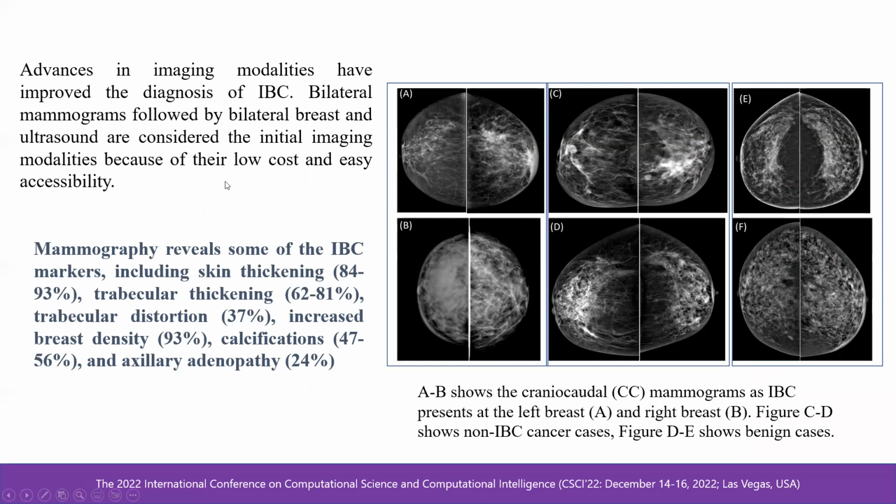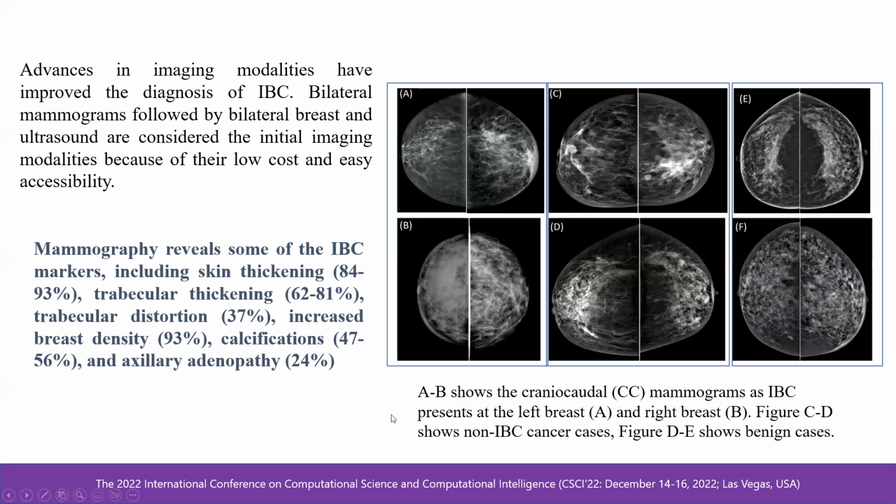Mammograms reveal some of the IBC markers, including skin thickening and increased breast density, calcifications. These are some of the reported characteristics of IBC cases in mammography. Studies reported that about half of the IBC cases had mammographic evidence of nipple inversion.